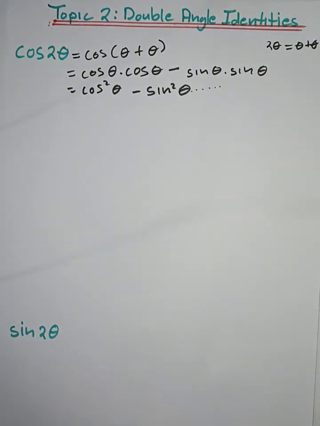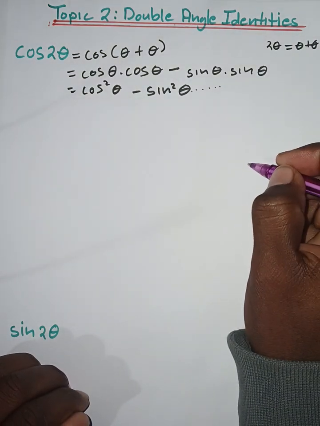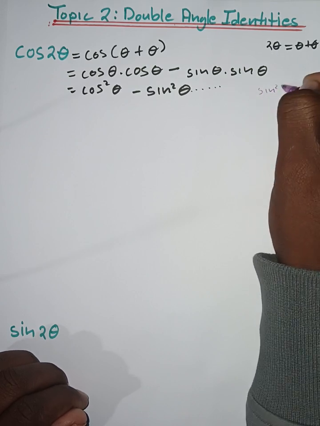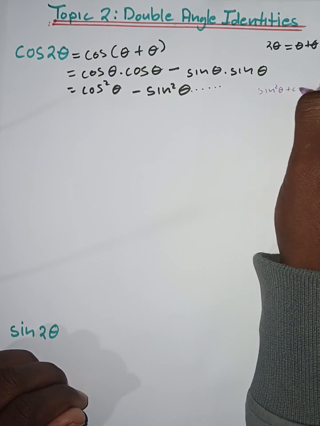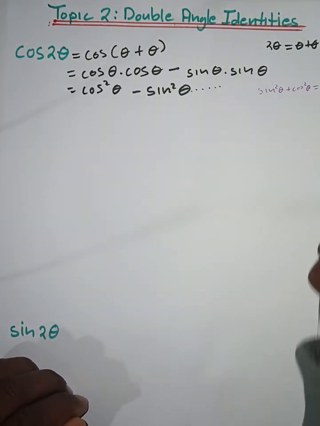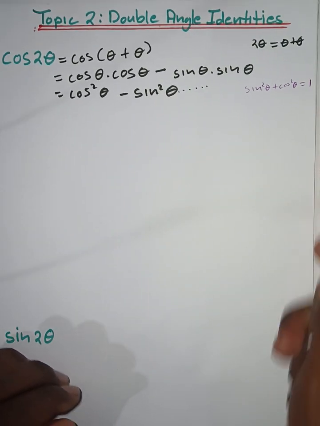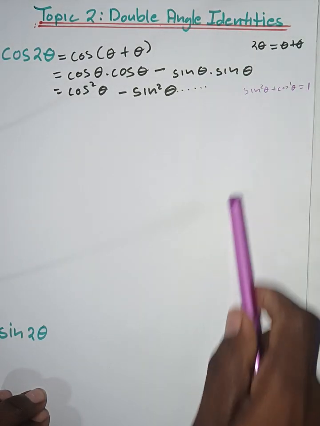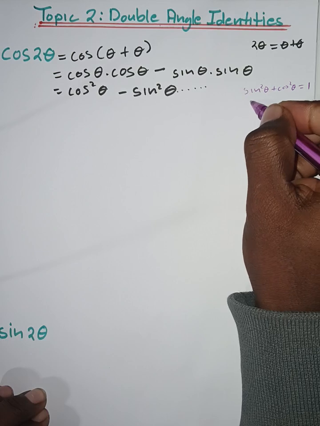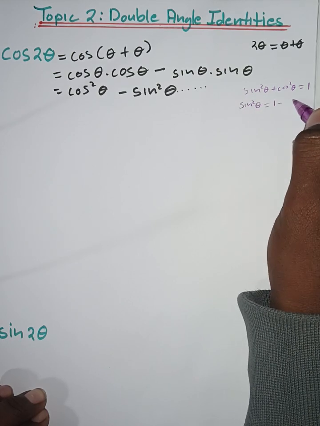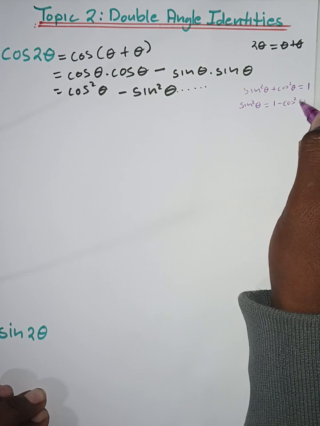So the other version in this case: if you remember from grade 11, we know that sine squared of theta plus cos squared of theta gives us a 1, right? We know that from grade 11. Now, if I were to rewrite that expression in terms of sine, I would have sine squared of theta equals 1 minus cos squared of theta, right?